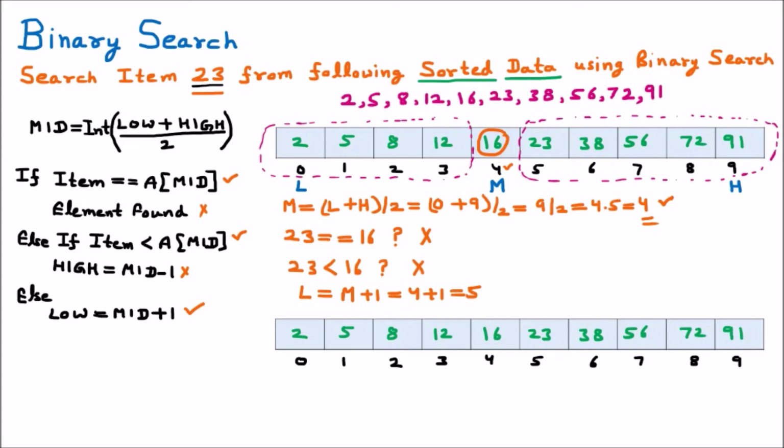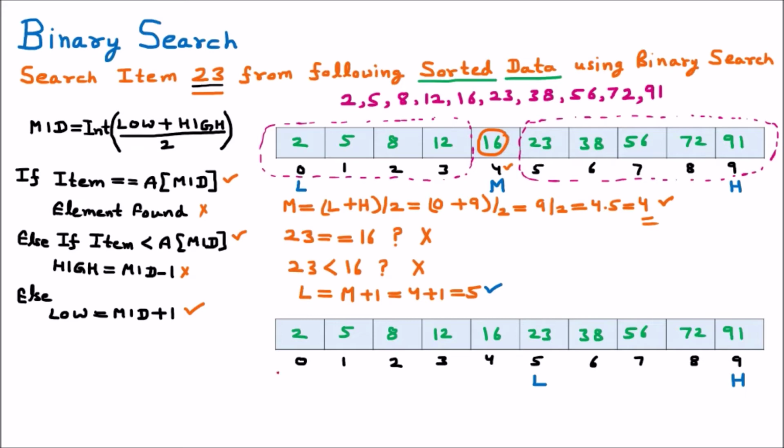Here we have the same array. There is no change in the high, so high will remain at the same position, but there is a change in the low. We can see that the low position is now 5. So we are going to have the low here. What does that mean? The previous part of the array we are not going to consider, because it has no meaning for us.